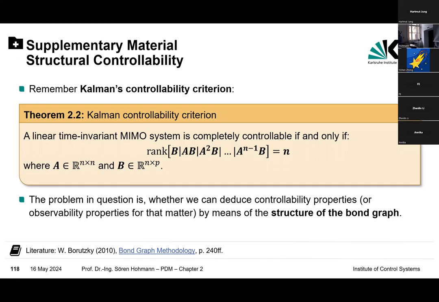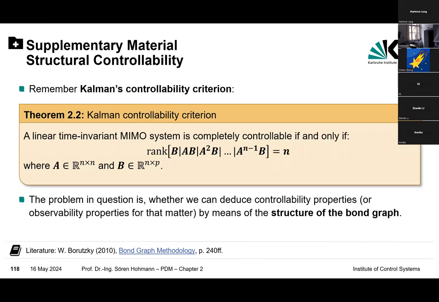You might have considered this. Just a question: you remember this perhaps from multivariable control. This is the Kalman controllability question. So a MIMO system, multiple input, multiple output system, is controllable under the condition that the matrix B, AB, A squared B, and so on, has rank n. This is quite simple to answer.